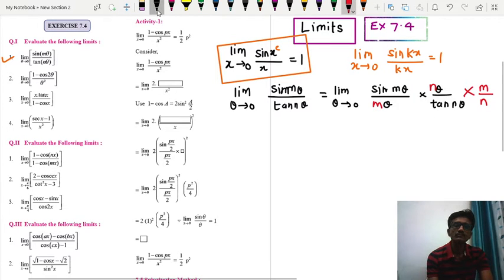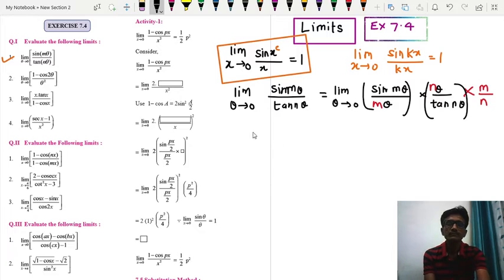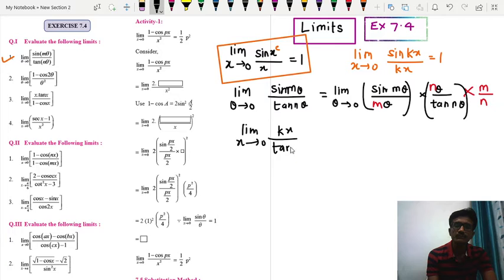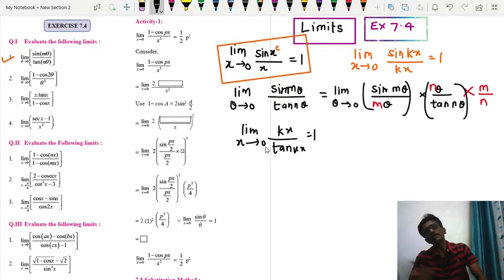Now see this limit, x tends to 0, kx upon tan kx is equal to what? 1. Tan kx upon kx, limit is equal to 1.